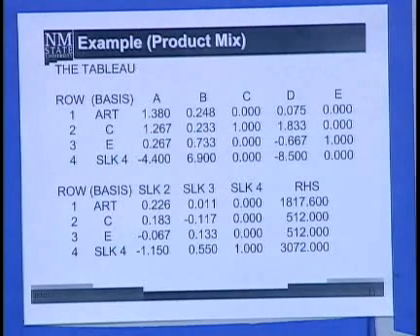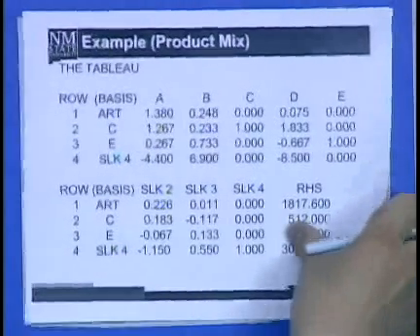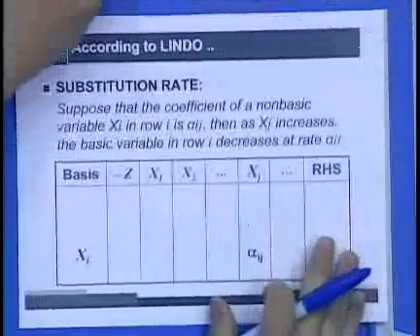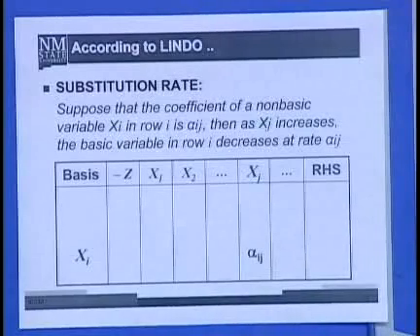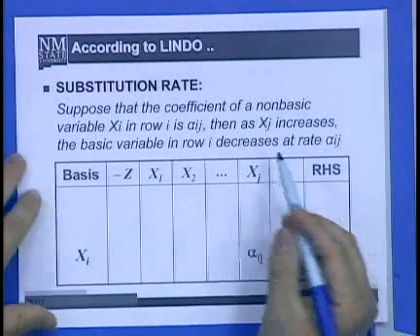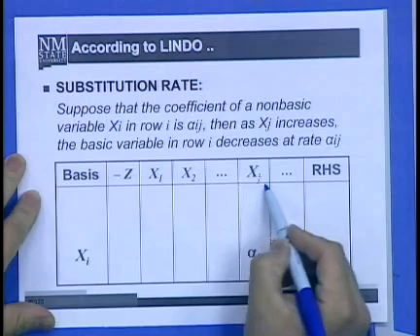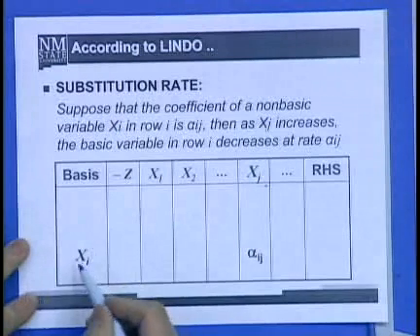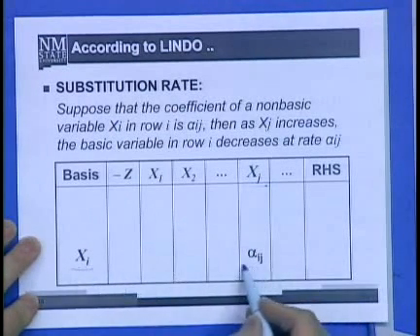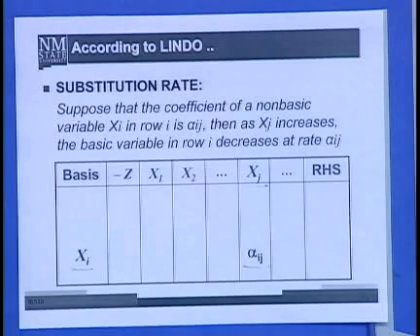The substitution rates can be understood in the following sense. Suppose the coefficient of non-basic variable xj in row number i is alpha sub ij.